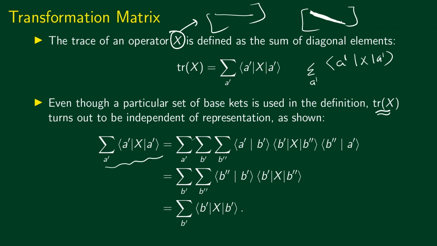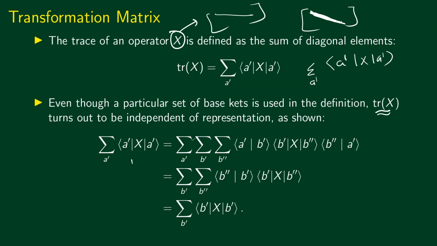This is the trace of operator X in the A basis, or in the A representation. Now we need to relate this to the trace of X in the B representation, and we know what to do by now. We just insert two identity operators in terms of the completeness relation of the new base kets.